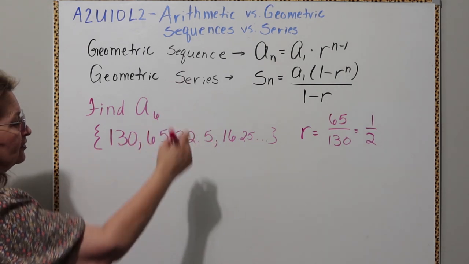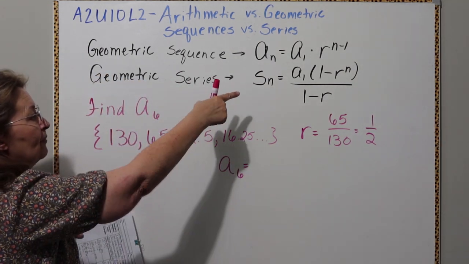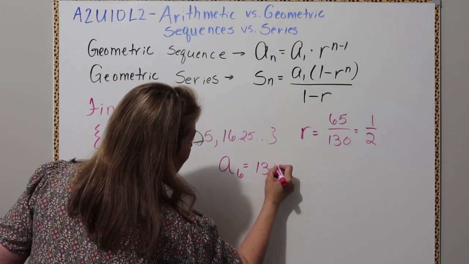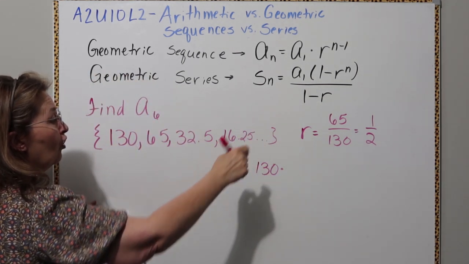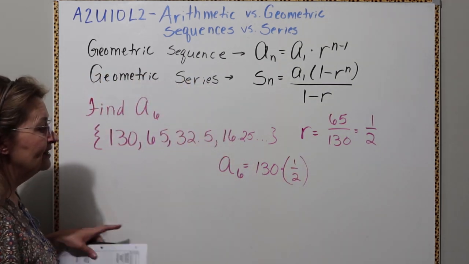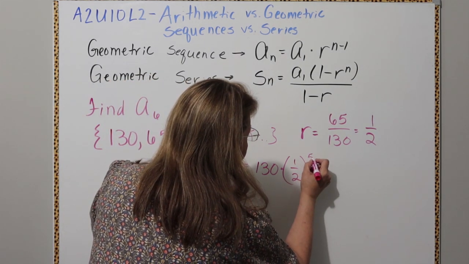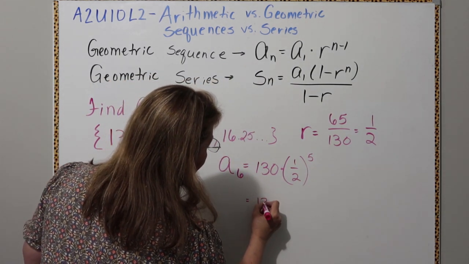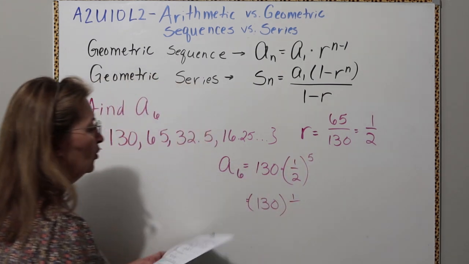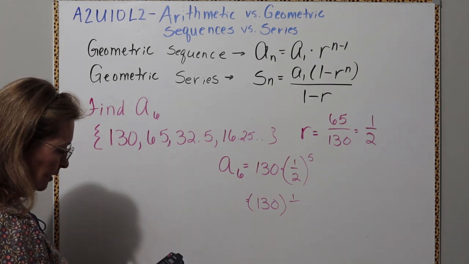All right? Now let's plug it into our formula. I'm looking for the 6th term. My first term is 130 times r, which is 1/2, and I'm going to raise this to the n minus 1 power. So I'm going to raise this to the 5th power. So now I have 130 times 1 to the 5th power, which is just 1, over 2 to the 5th power, which is 32.